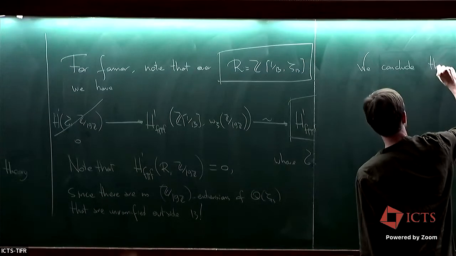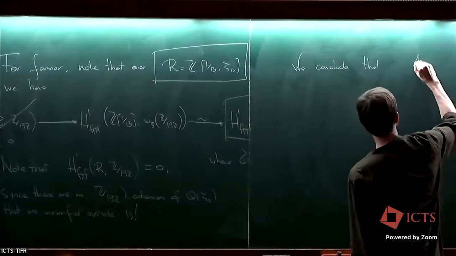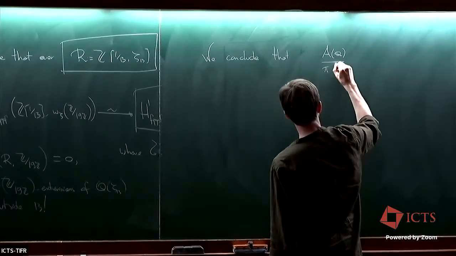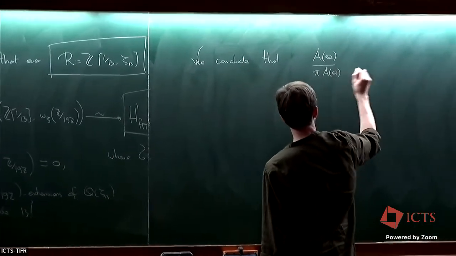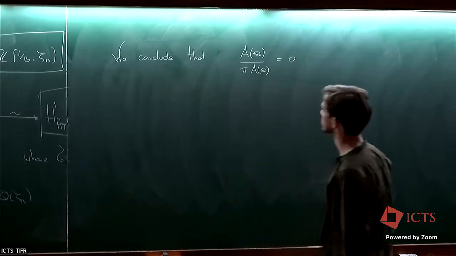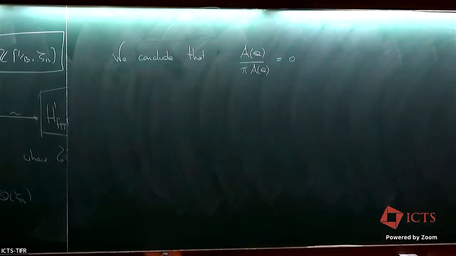So we conclude after all these diagram chases that in fact, if we take the abelian variety, the Jacobian of X1(13), and we quotient out by the image of pi, that is in fact trivial. That's what we showed. So how do we conclude from that the rank is actually 0?